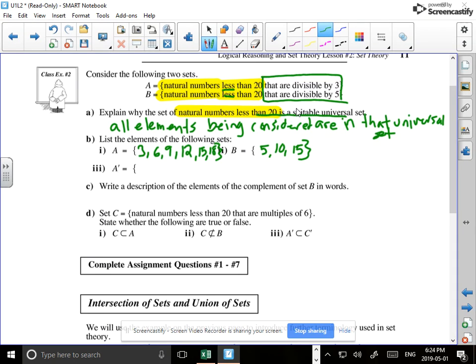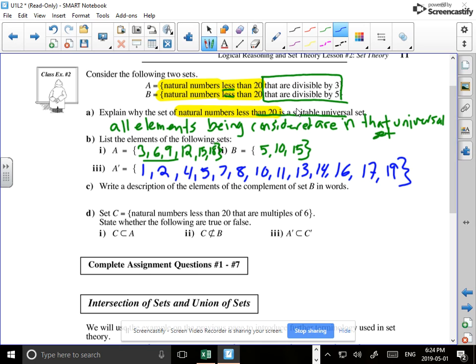So it's going to be all the numbers less than 20 that are not already included in A. So what we're looking at there is 1, 2, 4, 5, 7, 8, 10, 11, 13, 14, 16, 17, and 19.